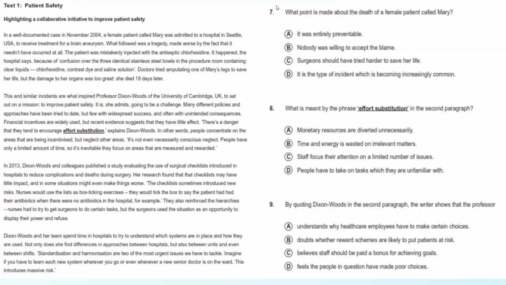Here we have question number 7, number 8, number 9. And in the next slide we also have 3 questions.